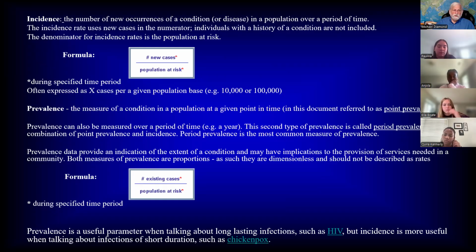Now, prevalence is a useful parameter when talking about long-lasting infections like HIV, but incidence is much more useful when talking about infections of short duration like chickenpox. And you'll see this, the short-term incidence will peak, will spike, and then decline, whereas prevalence is more of a permanent kind of condition.